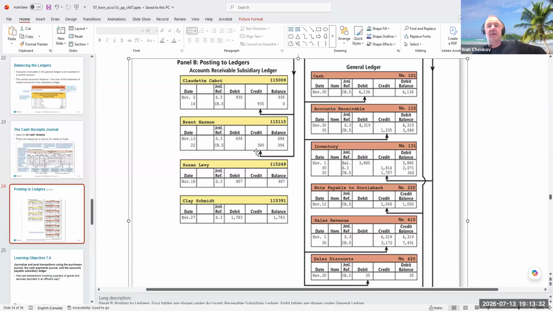So all the accounts receivable that we receive on the credit side is going to be a reduction, and it's going to show that we received 1,235, which is 935 from this client and 300 from that client. The first client paid his outstanding balance and brought it to zero. The second client probably paid only one invoice and still has more invoices to pay.